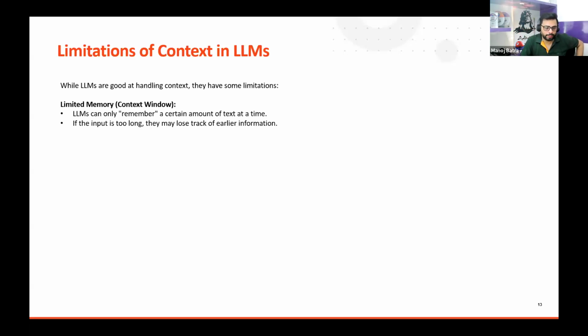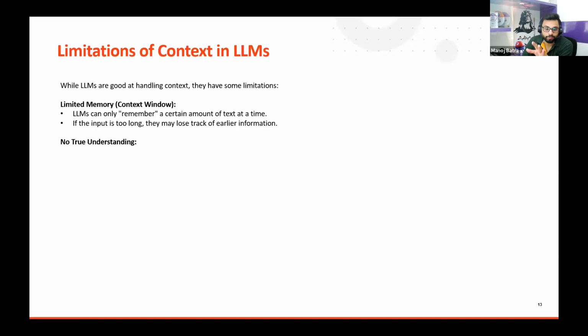The other limitation here is no true understanding. So LLMs actually don't know anything. They are not conscious. They work by spotting patterns in the language that you pass and generating the next best word. So if your input is not clear, as you have seen if you have used ChatGPT, DeepSeek, or any other model before, the output may or may not be accurate.